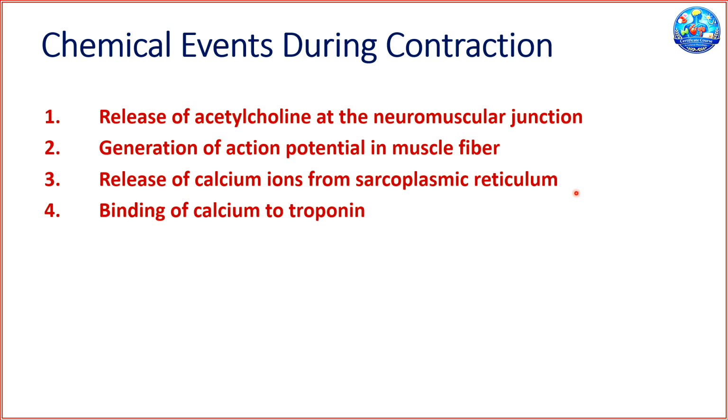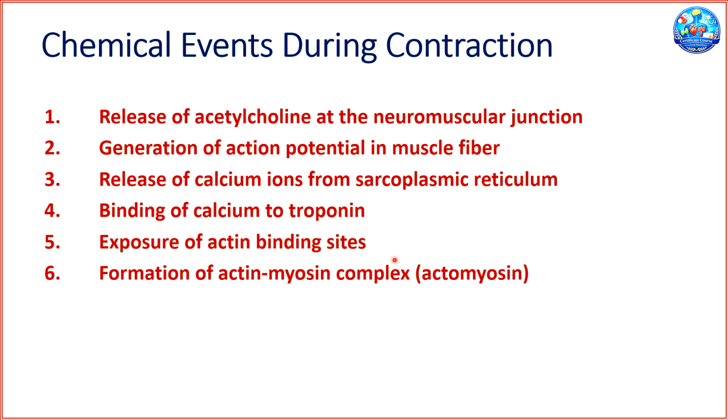This calcium binds to the troponin. This binding slides the tropomyosin away, exposing actin binding sites. So now you can see formation of the actin-myosin complex, or actomyosin complex. Hydrolysis of ATP contributes to the contraction of the muscle fiber.